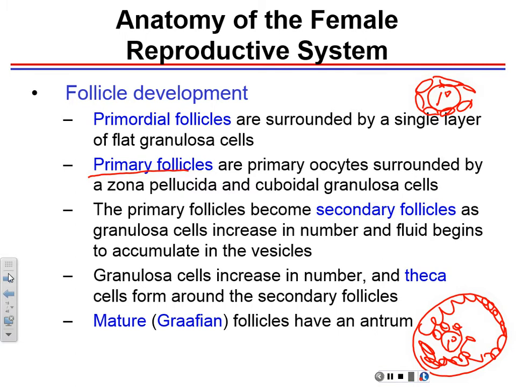Those fluid vesicles have joined to form one big cavity filled with fluid, called the antrum. That's when it's called the mature or Graafian follicle. It's a mature follicle, and it will cause a bump on the ovary because it's gone so big and fat.